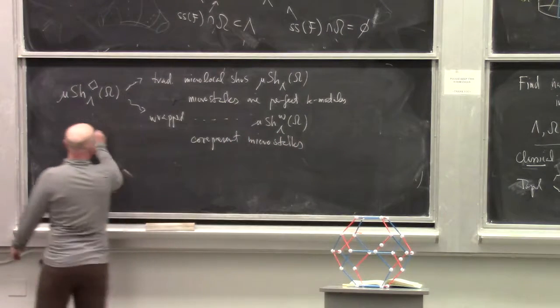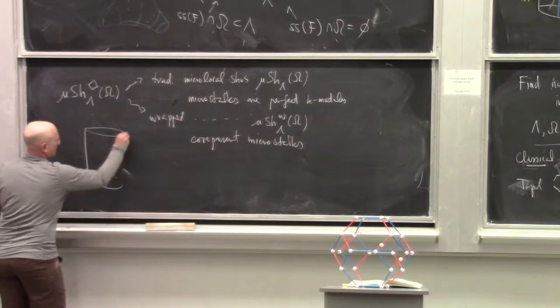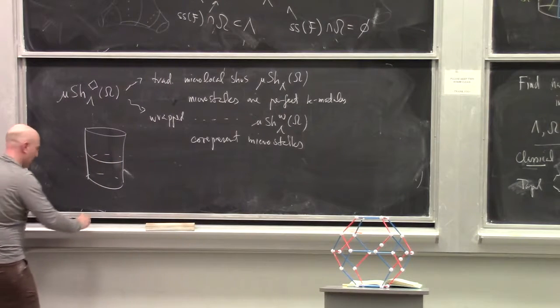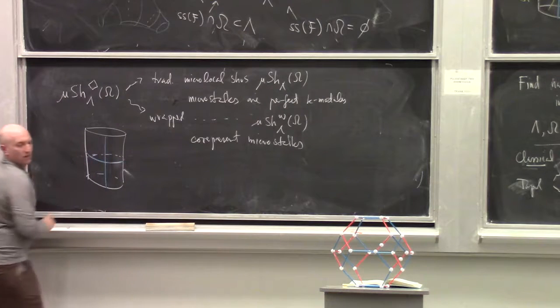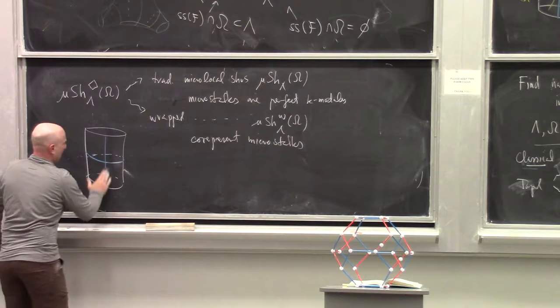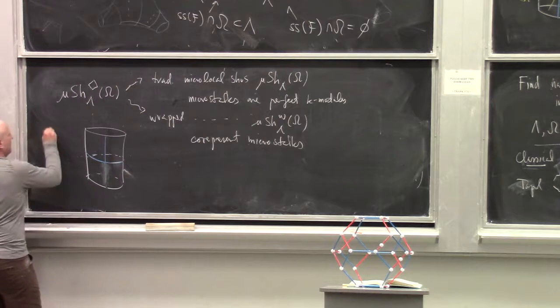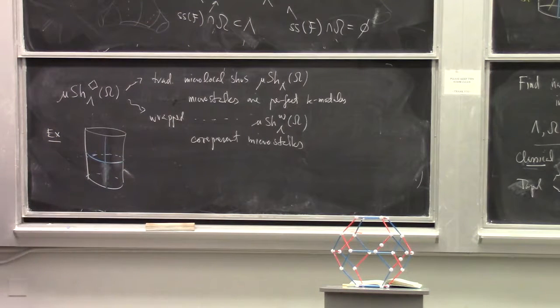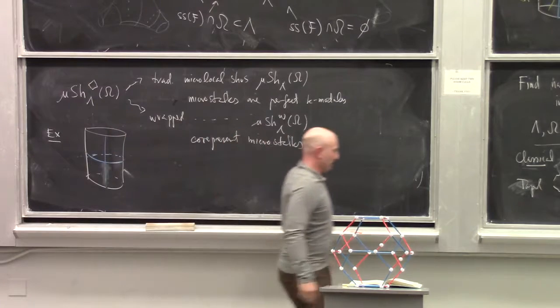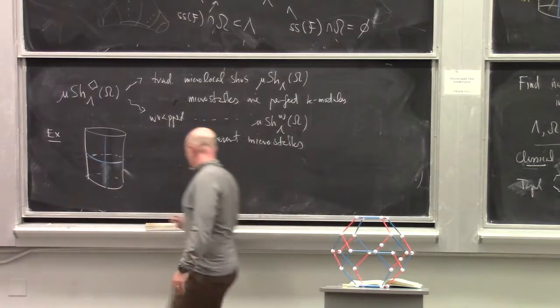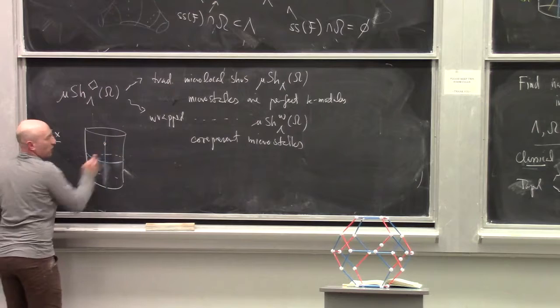So here's my cotangent bundle, and here's my Lagrangian. Let me actually erase this part. Okay, so here's an example. Now I look at a microlocal sheaf supported on this lambda, and suppose you ask me, does it have singular support here?